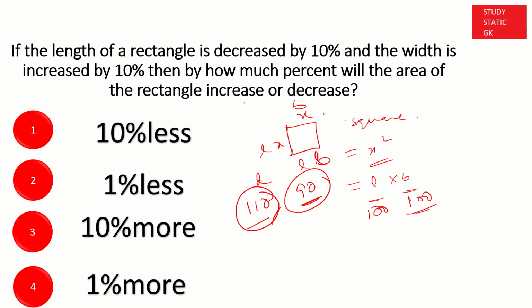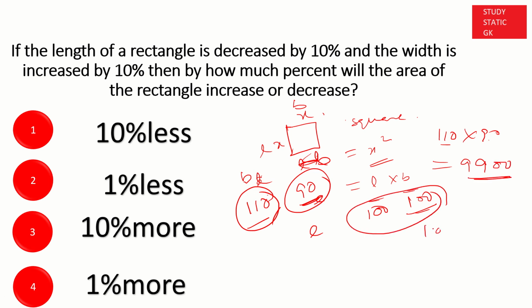Width is increased, right? So this is width, length is decreased, right? This is right, whatever. So 110 into 90 is the area, right? 11 9s are 9900. So basically the first area is 100 into 100, that means 10,000, right?